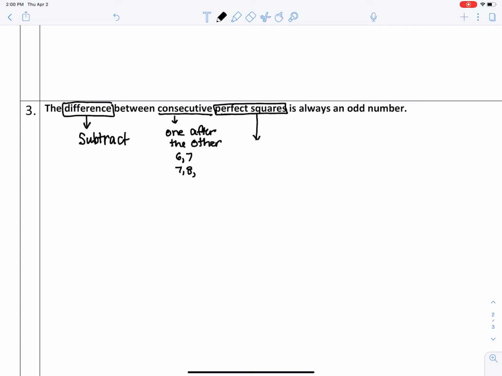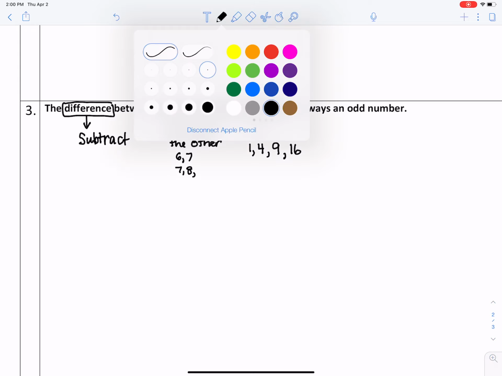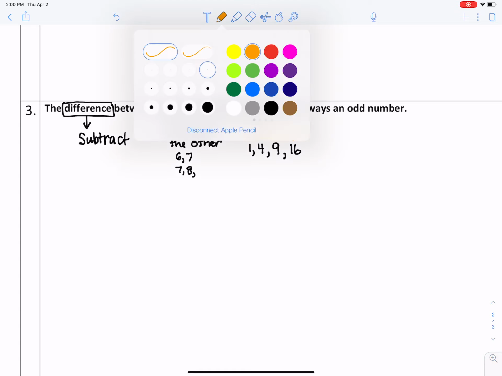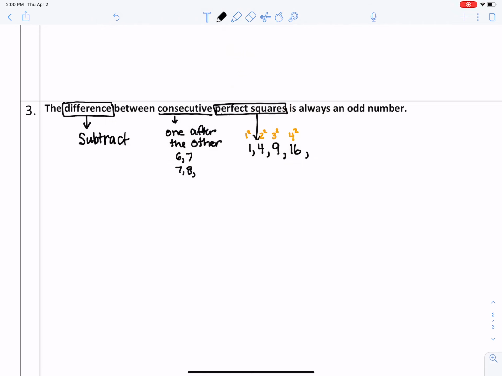They need to be consecutive perfect squares. So let's just write a bunch of perfect squares down. 1, 4, 9, 16. If you're not sure how I'm getting those, we're doing 1 squared, 2 squared, 3 squared, 4 squared, and so forth. 5 squared is 25, and so forth.